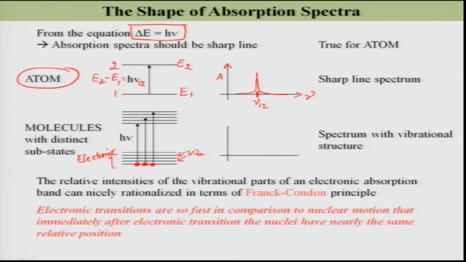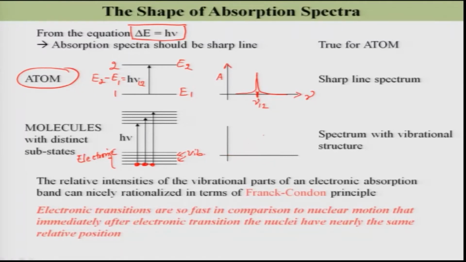Again I am telling that. So, it can go to any level. That means I am going to have multiple transitions, multiple lines. For this simple example, I am going to have 1, 2, 3, 4, 5, total 5 lines over here. So, the spectrum will look something like this.